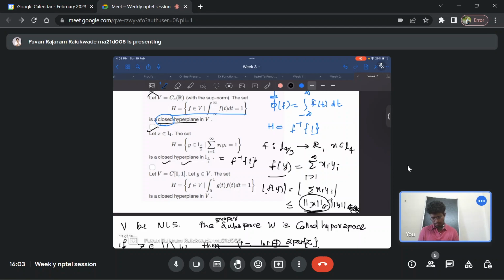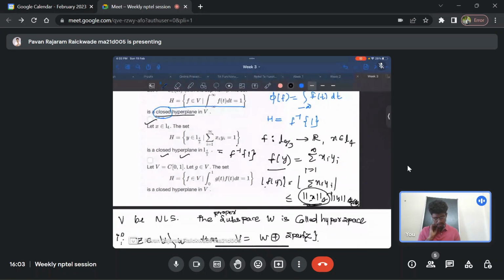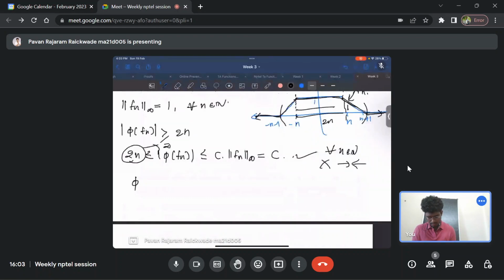Third one. V equals C[0,1], and if g belongs to V, they have defined the same H. The exact same mechanism as in 2. You find phi from V to R, phi of f to be the integral from minus 1 to 1 of g(t) f(t) dt.